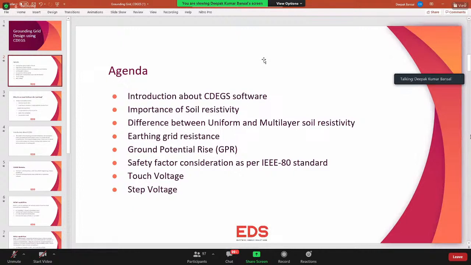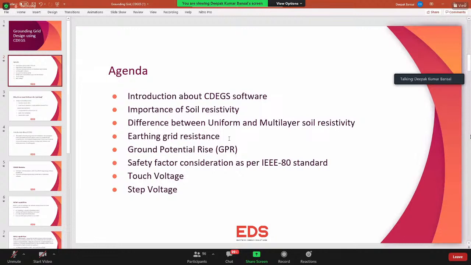And the difference between uniform and multi-layer soil resistivity. When you do thumb rules, Excel-based calculation, you go for uniform soil resistivity. But in software, we can go for multi-layer soil resistivity, and it is always advisable because there is a lot of difference between the two. The total grid design will change.